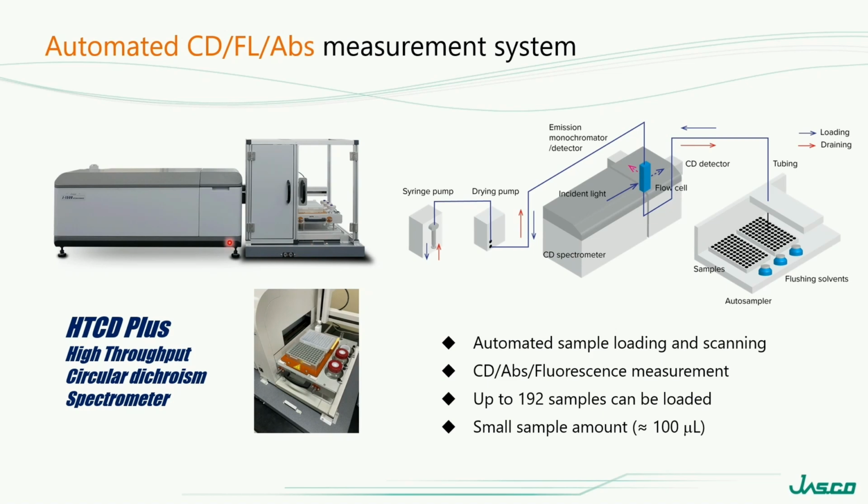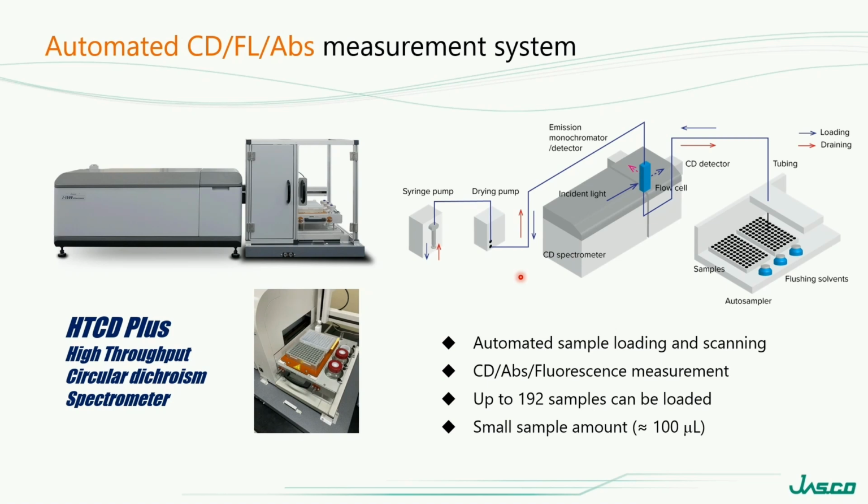HTCD Plus can accommodate 2 microplates, 192 samples with a volume less than 100 microliters. In addition to CD measurement, HTCD Plus can offer accurate absorbance spectra and intrinsic fluorescence spectra of protein automatically.